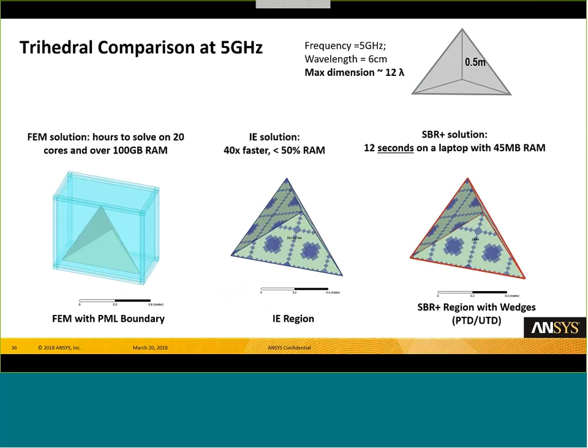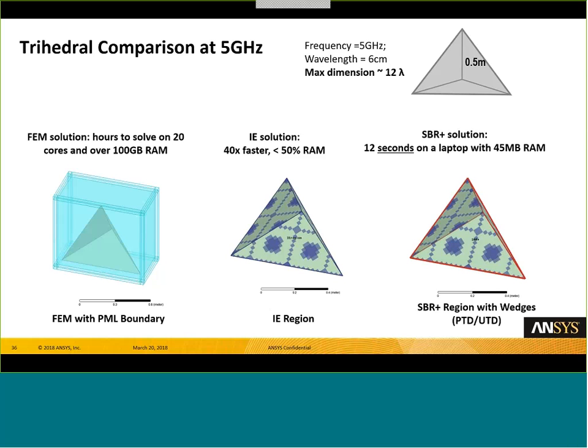So we start with the model on the left-hand side, which is a finite element solution, where we applied a perfectly matched layer boundary condition. And in this example, it was run on a fairly modest workstation that had 20 cores and over 100 gigabytes of RAM, which was all needed to solve this problem in a few hours.